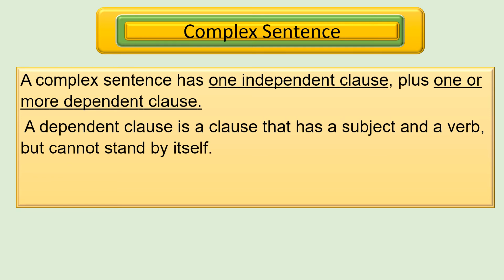So what do I mean by these two sentences? I mean that a complex sentence will have one complete sentence and one incomplete sentence. If you don't understand independent clause and dependent clause, just keep in mind a complex sentence will have a combination of a complete sentence and an incomplete sentence.